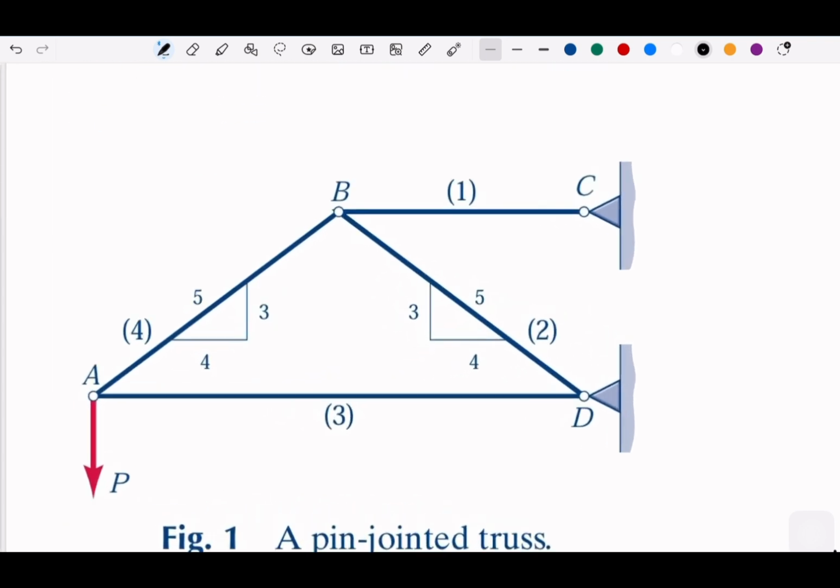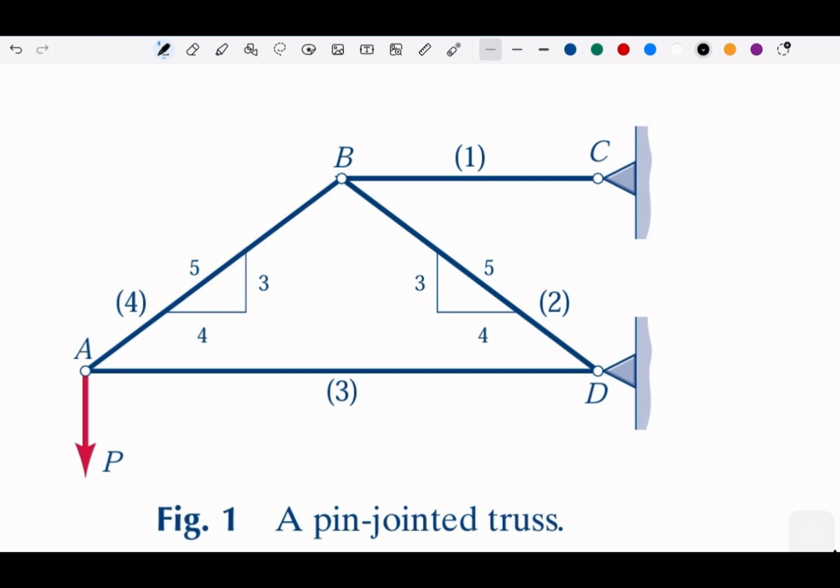So based on the ratio of this triangle, let's say this is the FAB.